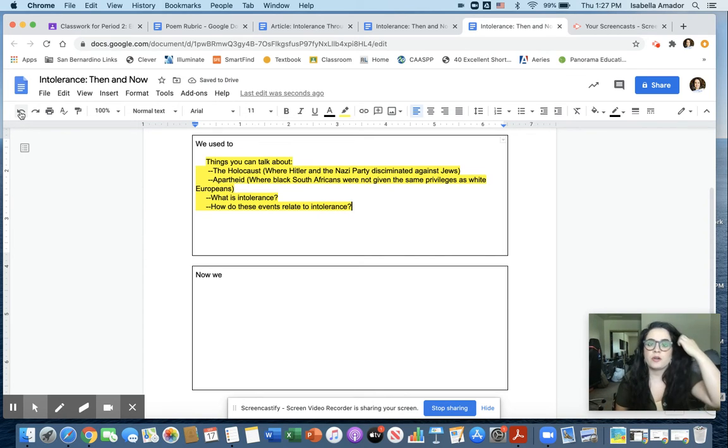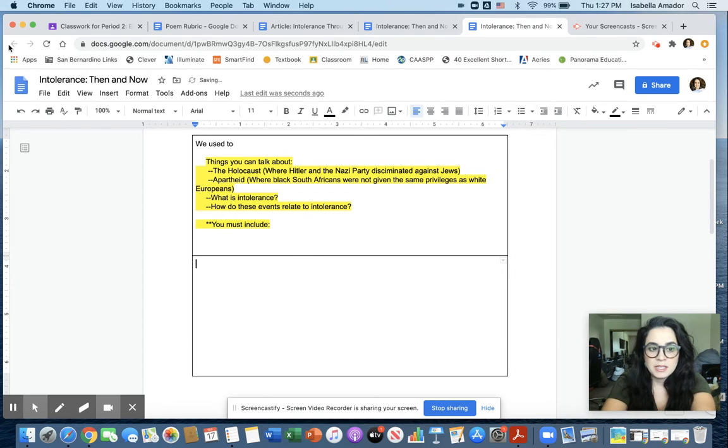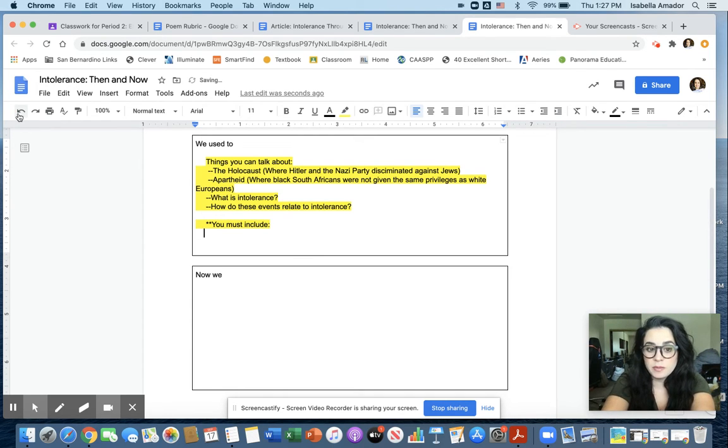You really want to show how the Holocaust was a display of intolerance. What about Jews being persecuted and killed? What about that was intolerant? What about apartheid was intolerant? You want to explain those things in your first stanza because remember, your reader does not know everything that you know. So you must include details about the events you mention.